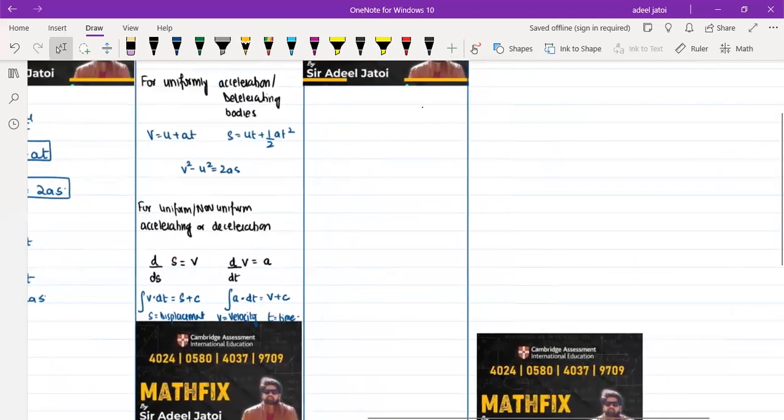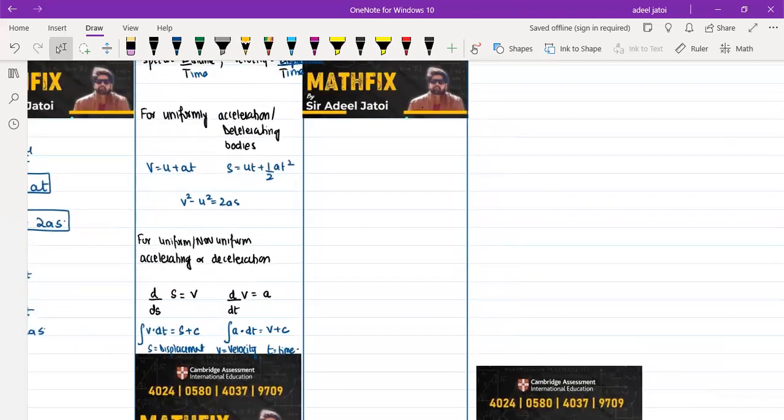The entire concept revolves around uniform or non-uniform acceleration, where the equation will be given for displacement and you will be told to find the velocity, or the velocity will be given and you'll be told to find the acceleration. For that, we need to differentiate. But if the acceleration is given and you are told to find velocity, you'll integrate. Similarly, if the velocity is given and you need to find the displacement, you'll integrate. It depends on the question.